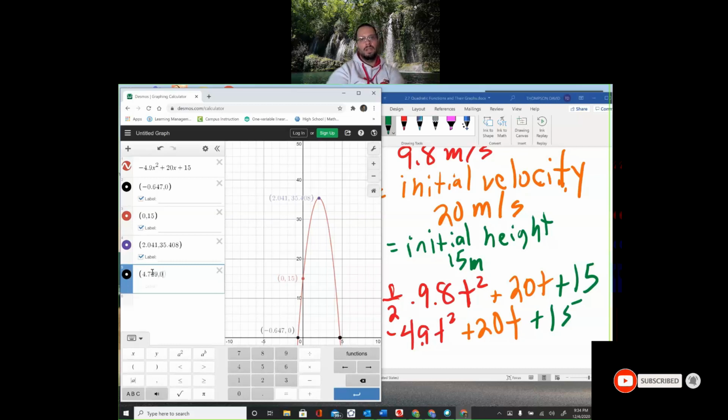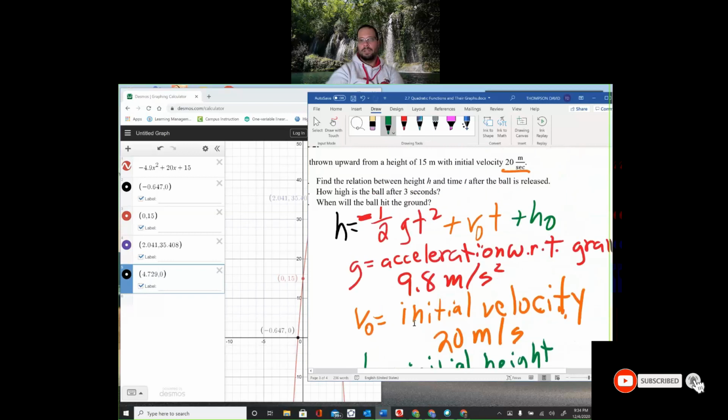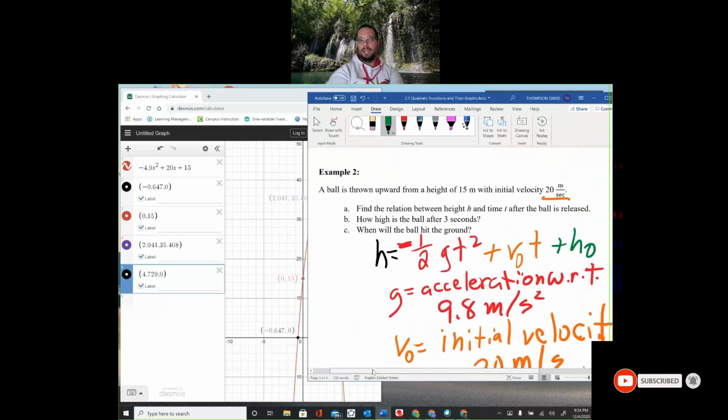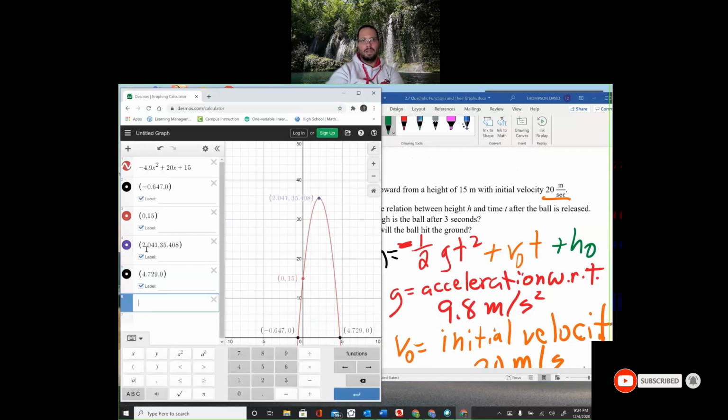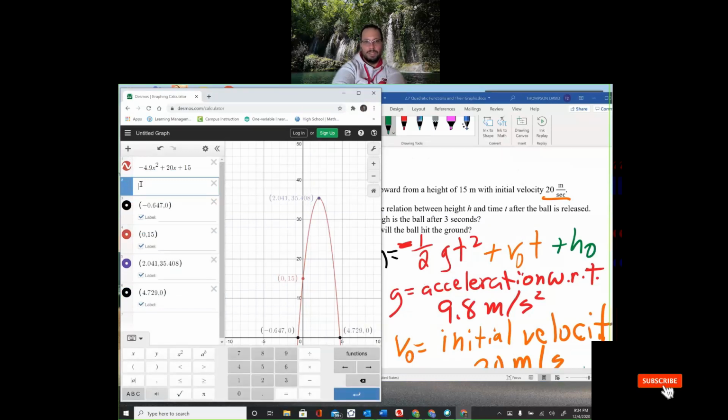So our next question asks, how high is the ball after 3 seconds? We can figure that out by just plugging t into our original equation. Let's drag this up so we can just type it. So we'll type a negative 4.9, parentheses 3, close your parentheses and square.